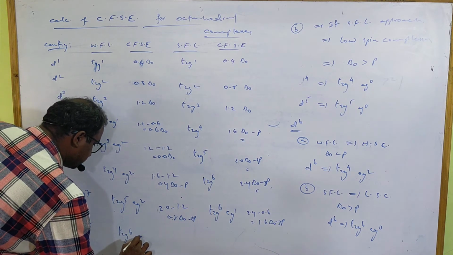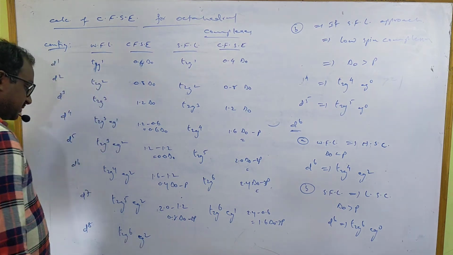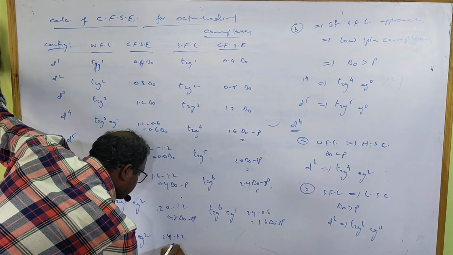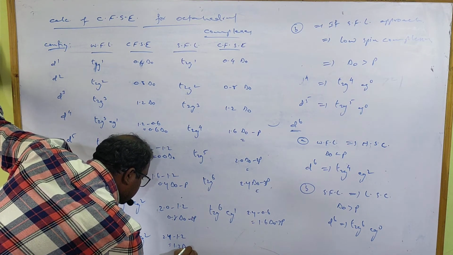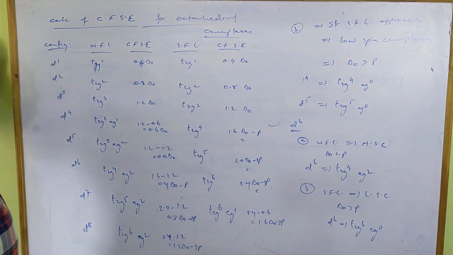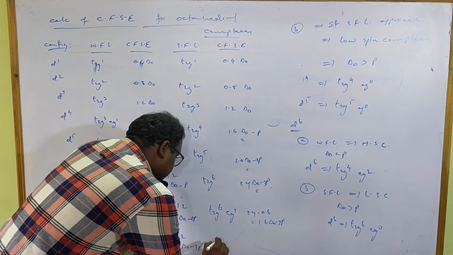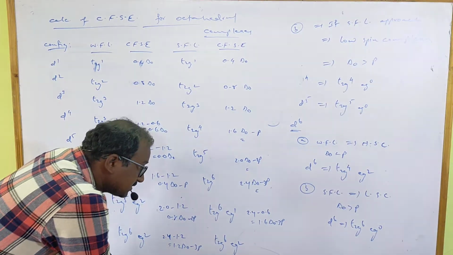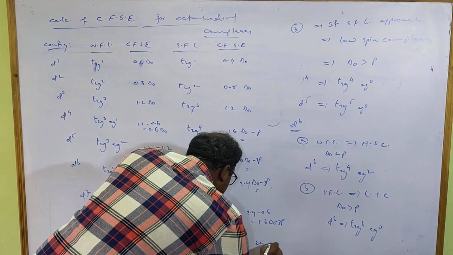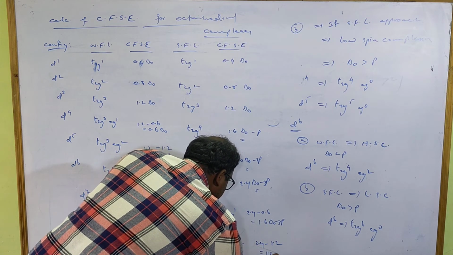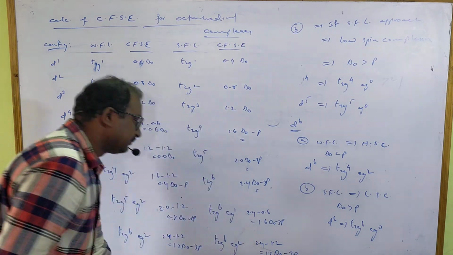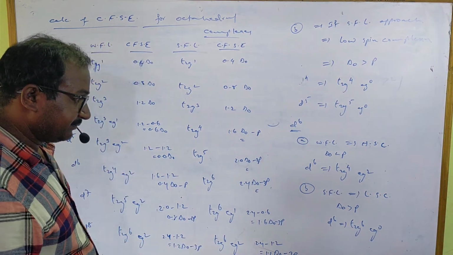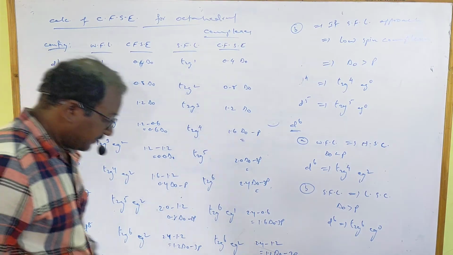For weak field, t2g6 eg2, so 6 electrons in t2g, 2.4 minus 1.2 equals 1.2 delta O minus 3P, because 3 pairs are there and 2 electrons are unpaired. So like this d8. And for d9, d10.